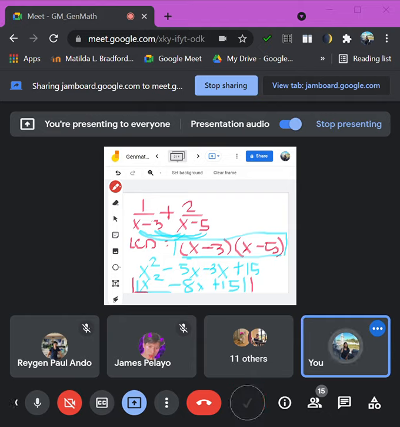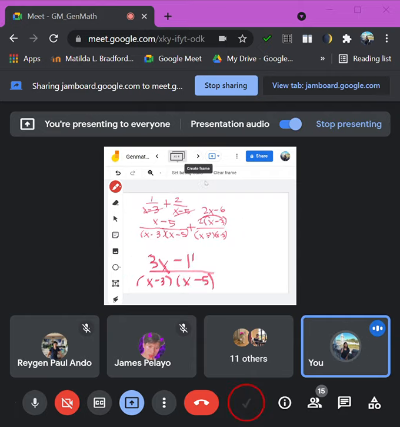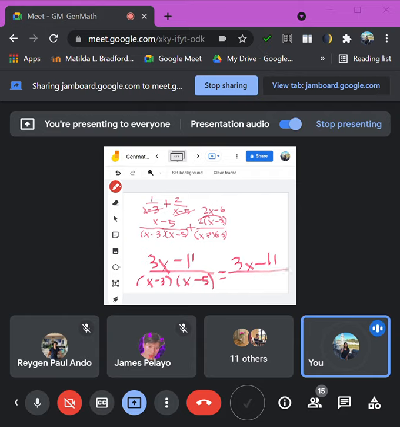So you end up in this part here. Then you put it in your LCD in your final answer. So you will have there 3x minus 11 over x squared minus 8x plus 15. Okay, so that is your final answer there.